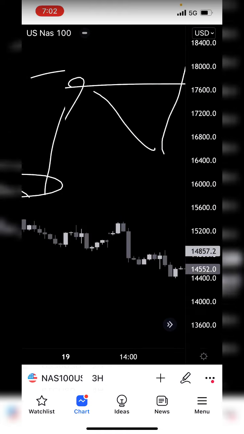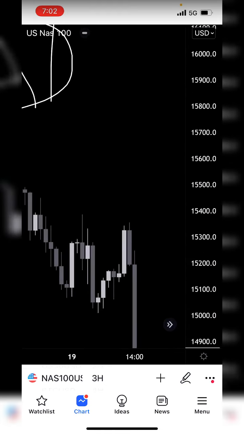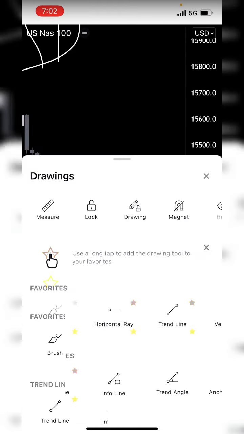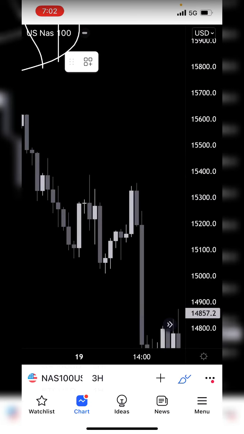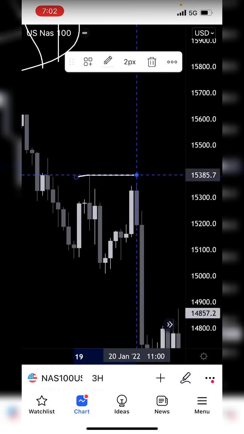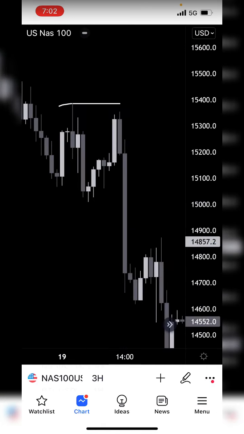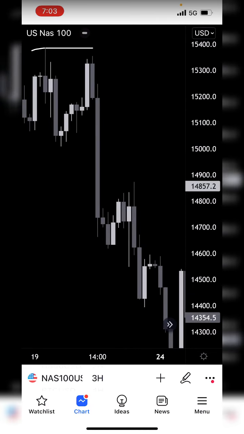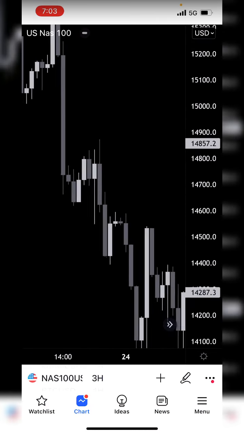Even right here, price was finna come up and make a new high. It was finna make a new high, but it failed. And then look what happens. See, price failed to make a high, came down, dropped more.